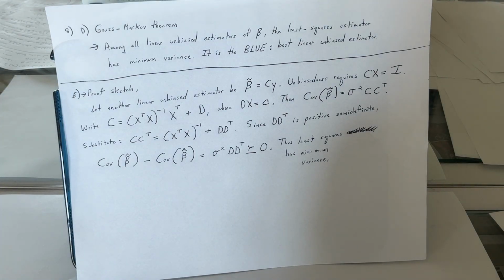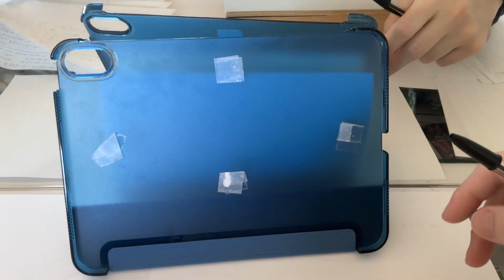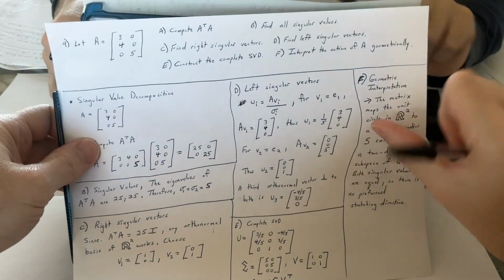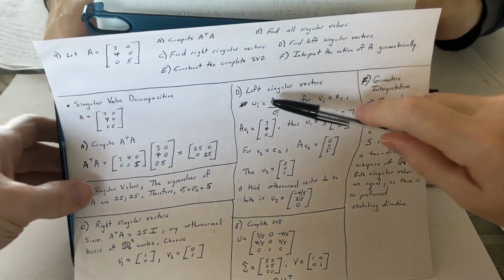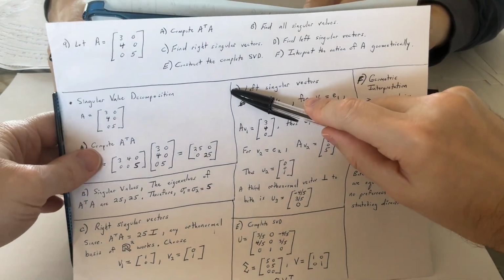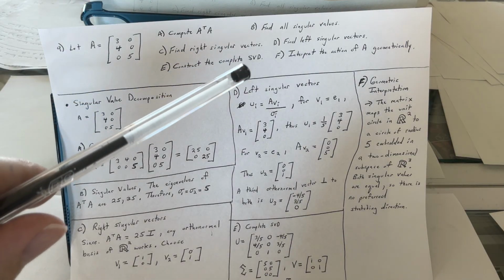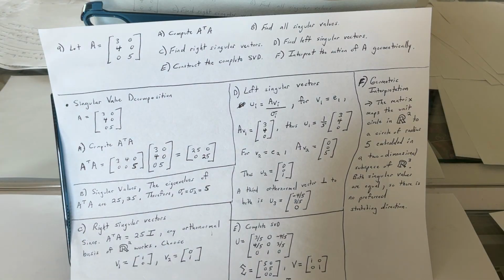Okay, and moving along to number 9. We're given this A, and we want to compute A transpose A, find all singular values, find right singular vectors, find left singular vectors, construct a complete SVD, and interpret the action of A geometrically.